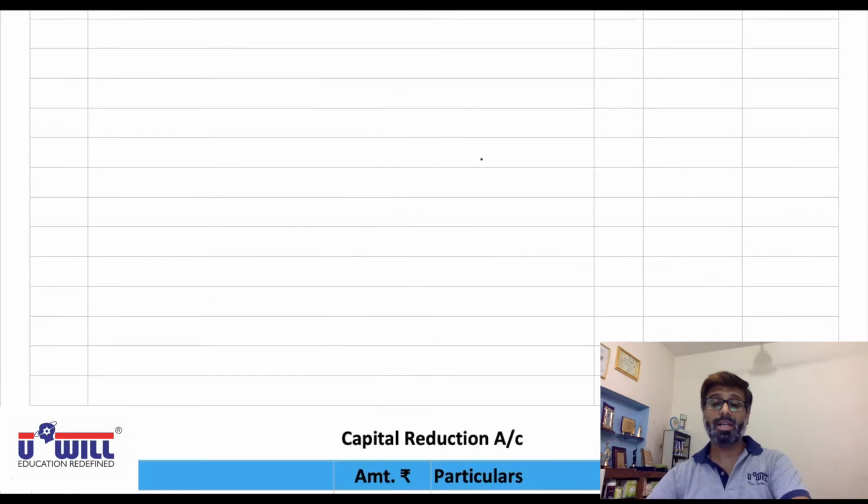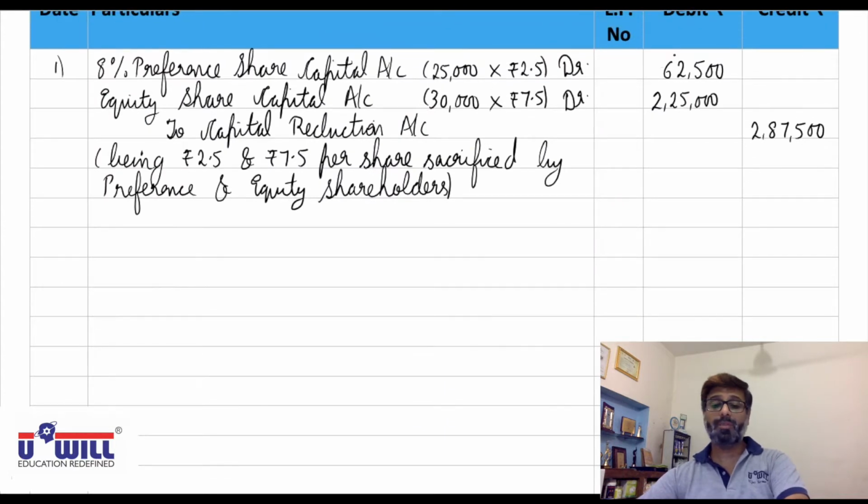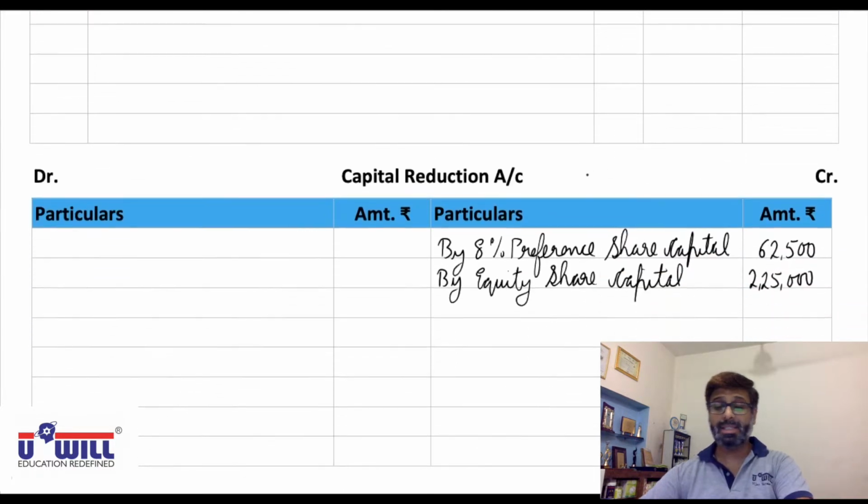Both the opposite accounts: by 8% preference share capital account 62,500, by equity share capital account 2,25,000. I hope everyone is clear with this.